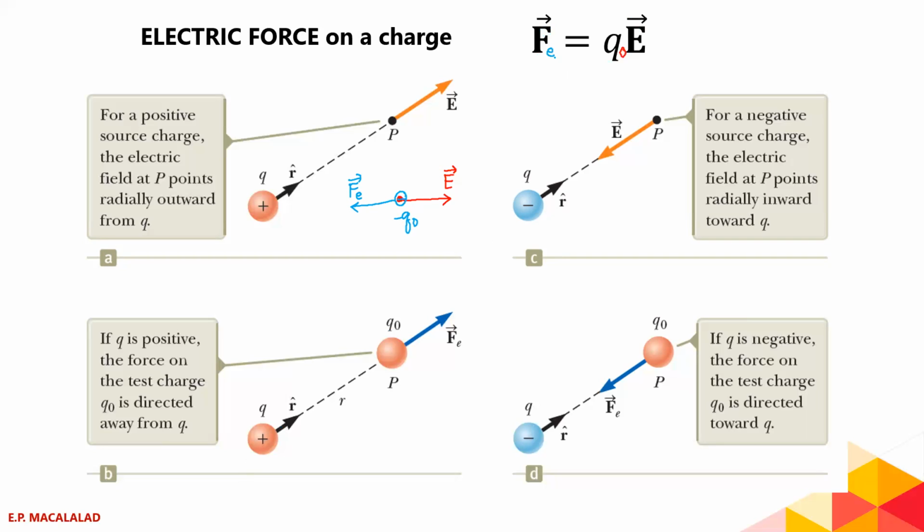Why? Because the space environment is a combination of positively charged ions and negatively charged electrons. If those charged particles are subjected to an electric field, they experience electric forces that are opposite to each other.